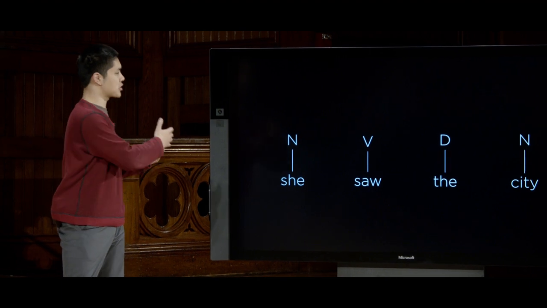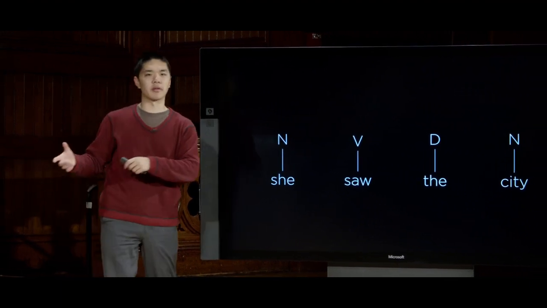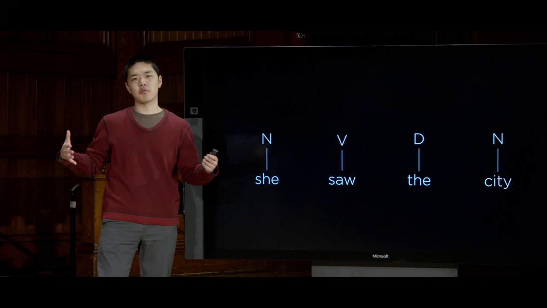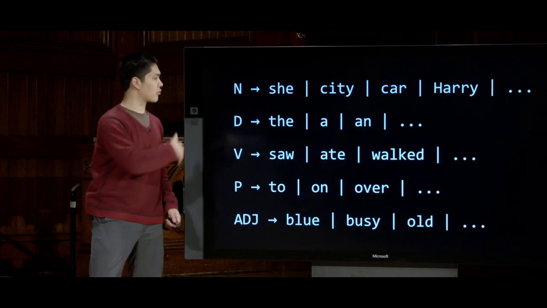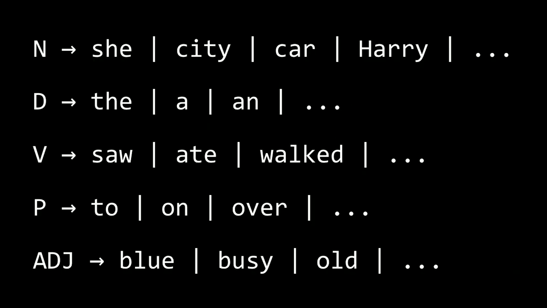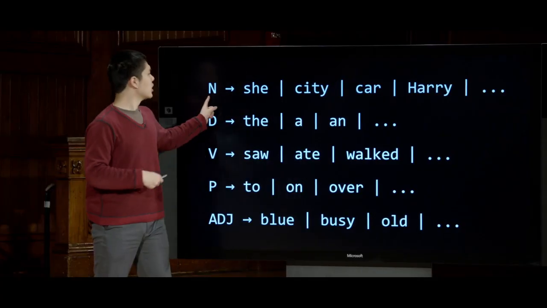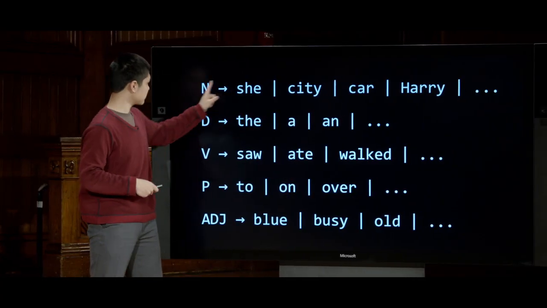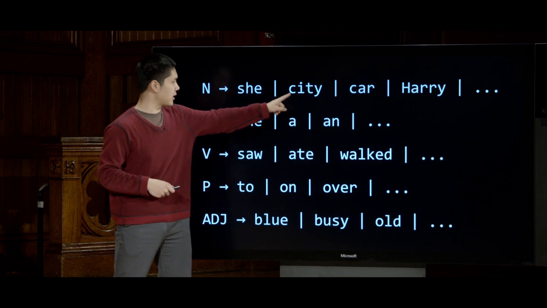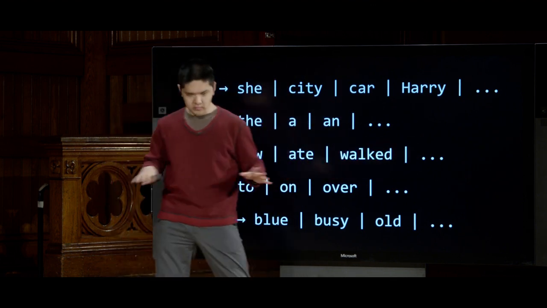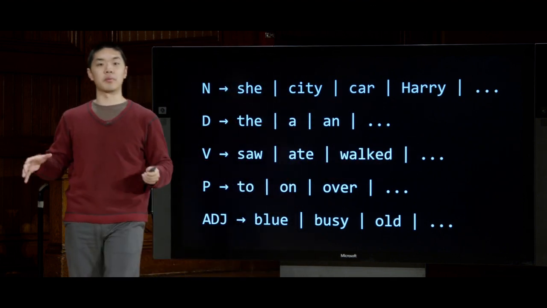And so in order to translate these non-terminal symbols into terminal symbols, we have what are known as rewriting rules. And these rules look something like this. We have N on the left side of an arrow. And the arrow says, if I have an N non-terminal symbol, then I can turn it into any of these various different possibilities that are separated with a vertical line. So a noun could translate into the word "she." A noun could translate into the word "city," or "car," or "Harry," or any number of other things. These are all examples of nouns.